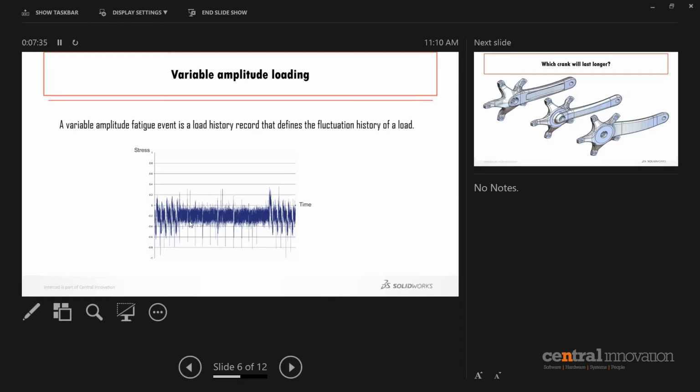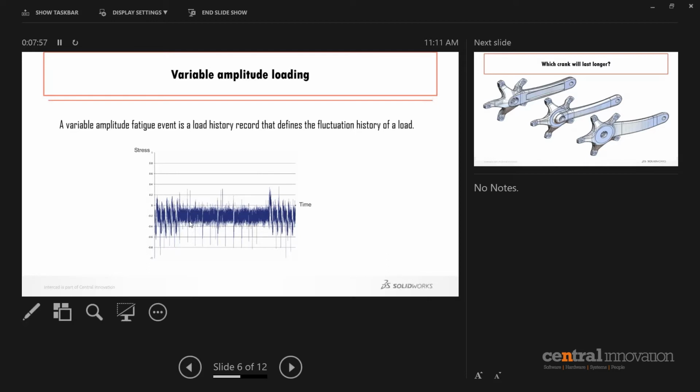There are many ways to calculate this. Basically, you have to examine your model to get this diagram. Well, you can see the stress fluctuates rapidly throughout the process, and it doesn't look anything like the constant amplitude loading.